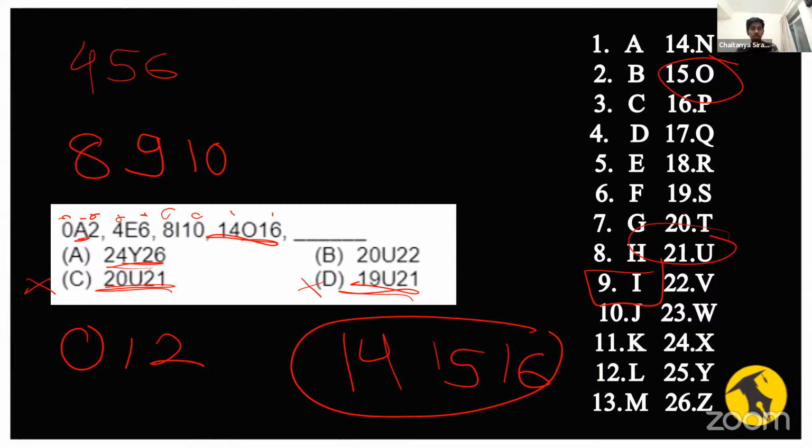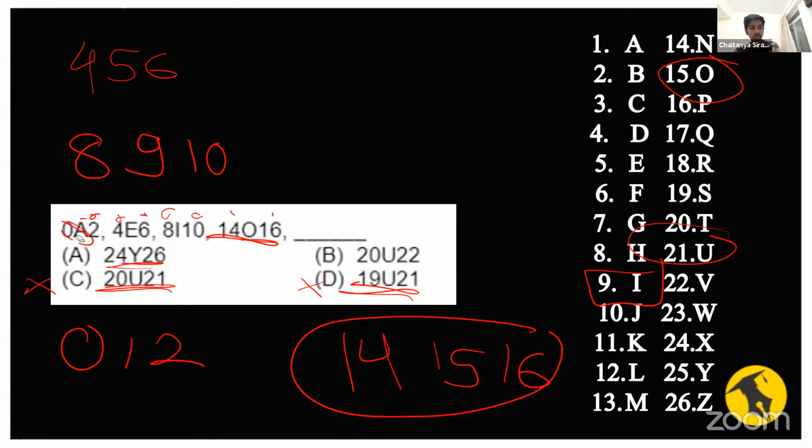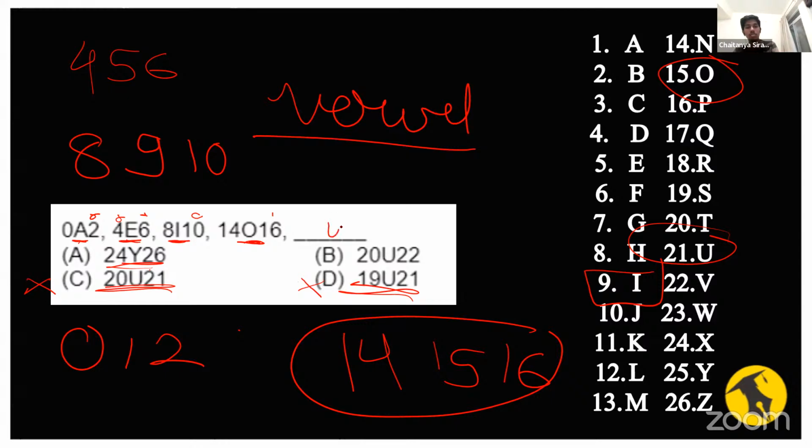Now we have to choose between them. So this is A, E, I, O. So it is a vowel series. So the next term should be U. So between option A and B, I eliminate option A. Correct answer is option B.